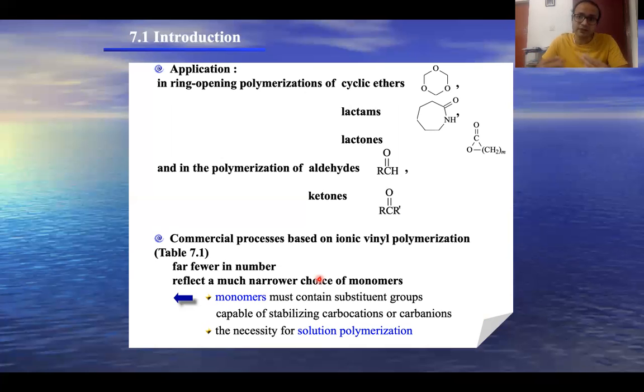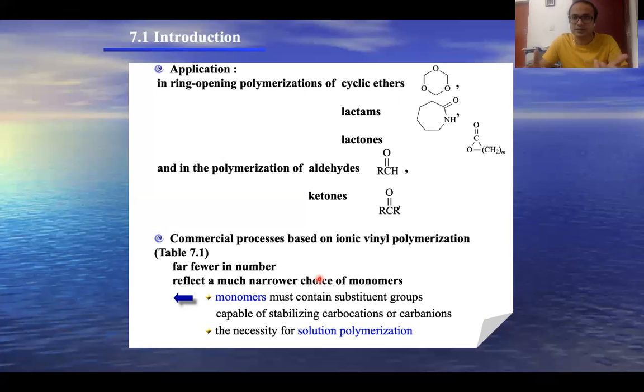So the vinyl monomers that we are going to use in this polymerization need to have substituents that would be able to either stabilize the carbocation or be able to stabilize a carbon anion.